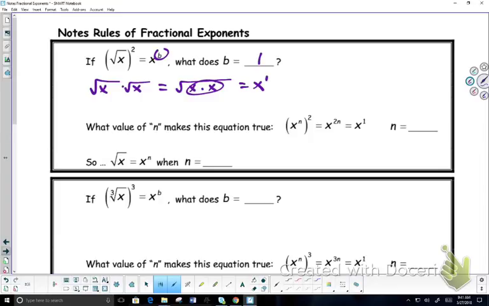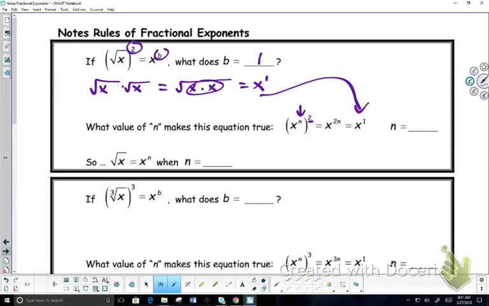Okay? So now they're taking it to the next level because they're trying to help you figure out, well, what does this n equal then? In other words, how do I make this radical go away? So here we've got our x to the 1. Since it's a power to a power, that's where this 2 comes from, right? This 2 is right here, and the 2 is multiplying the n.